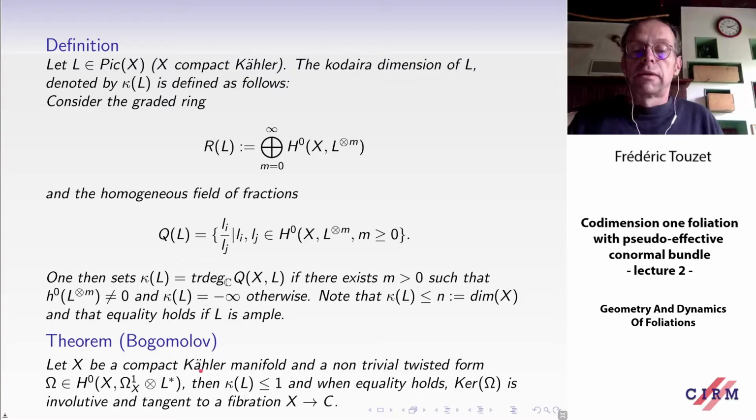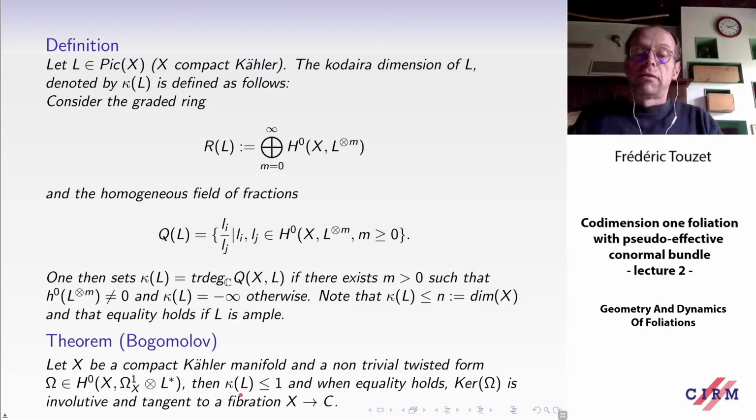Here we consider compact Kähler manifolds and twisted forms omega, non-trivial. So one knows such an object defines a codimension 1 distribution. Then, the conclusion is that L cannot be ample, except when the manifold is a Riemann surface.